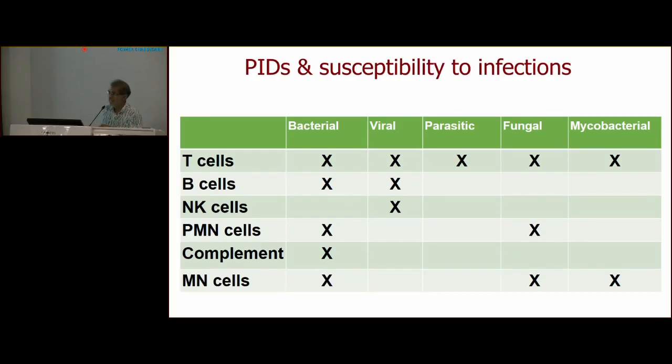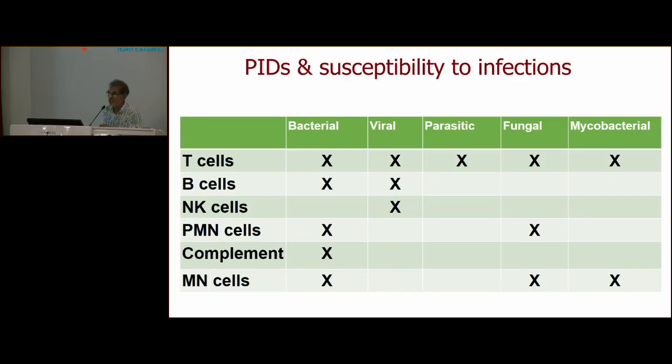If there are pure NK cell defects, of which there are a few examples, they will predominantly present with viral infections. If there is a defect in the polymorphonuclear neutrophils, the infections will be predominantly bacterial and fungal. And complement deficiency is similar to your antibody deficiencies.